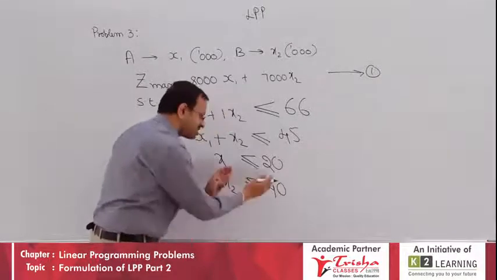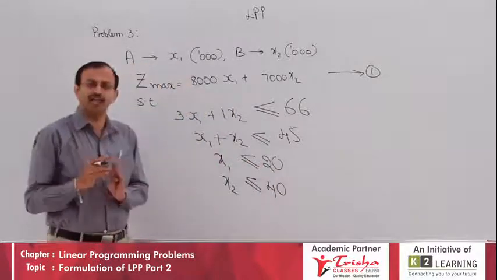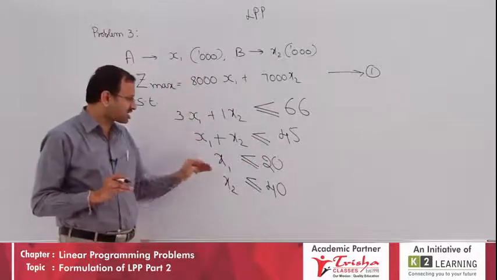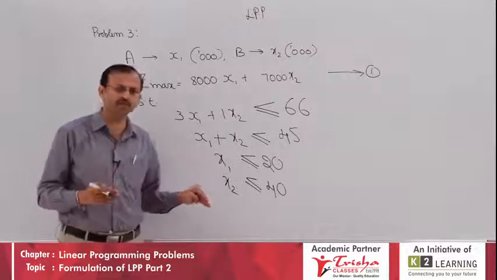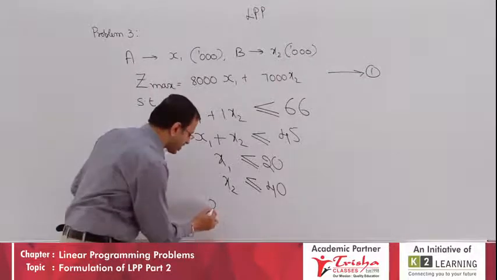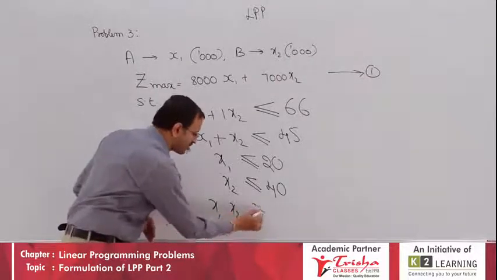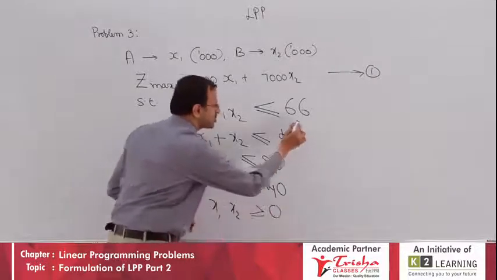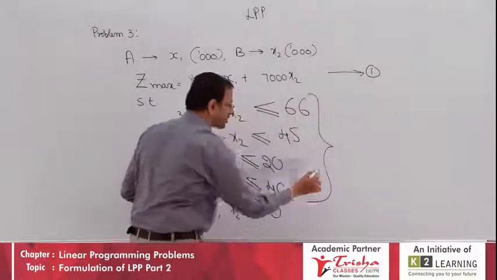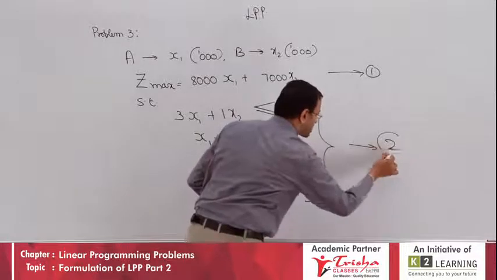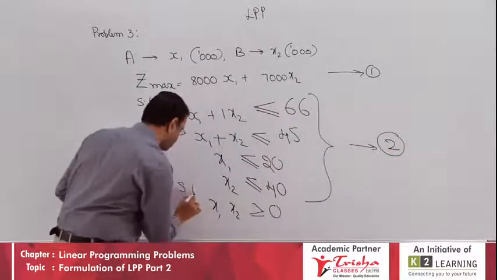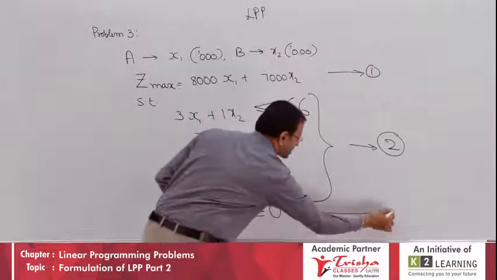This is in 1000, this is also in 1000, so it is correct. Last one, all these details okay, but can the number of bottles be negative? No. As usual, x1, x2 greater than or equal to 0. So, these 4 together: structural constraints subject to non-negativity constraints.